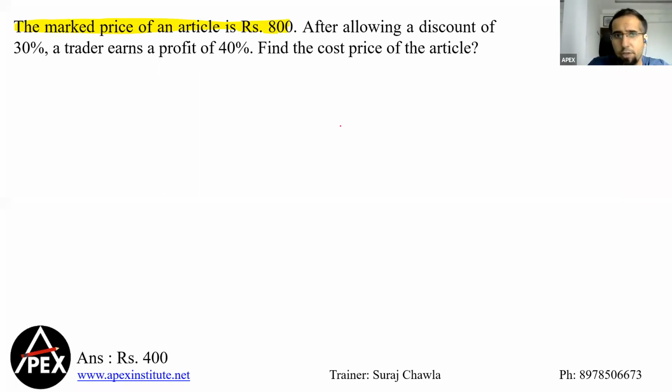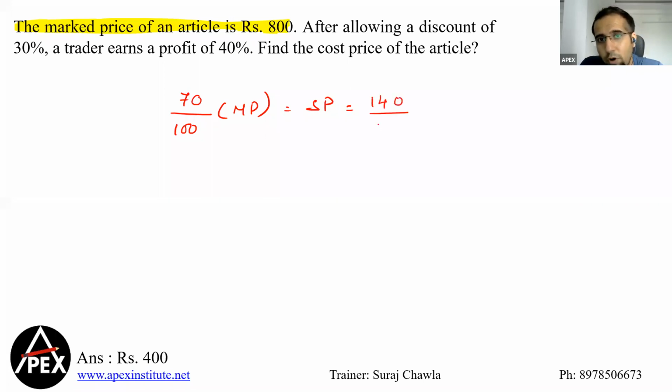After giving a discount of 30% means 70% of mark price is equal to selling price. A trader earns 40%, which means the same selling price is equal to 140 by 100 of CP.